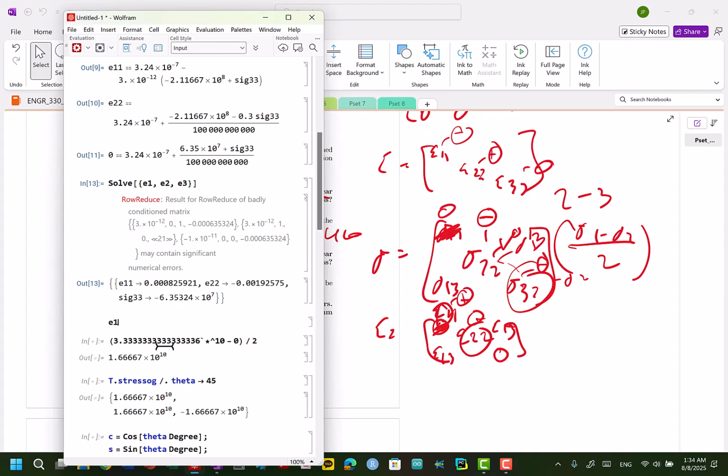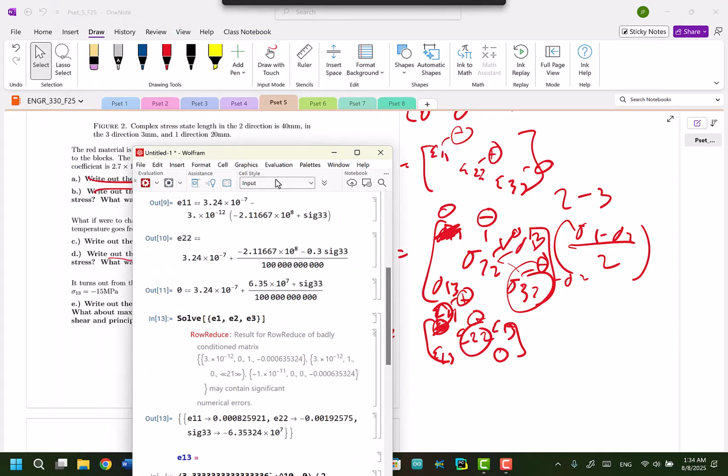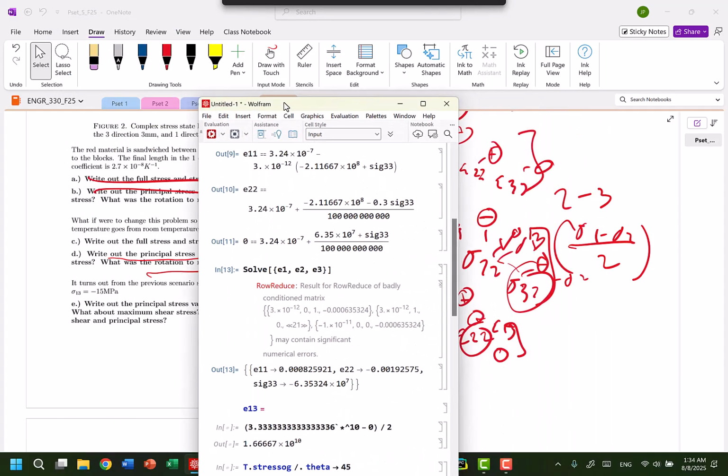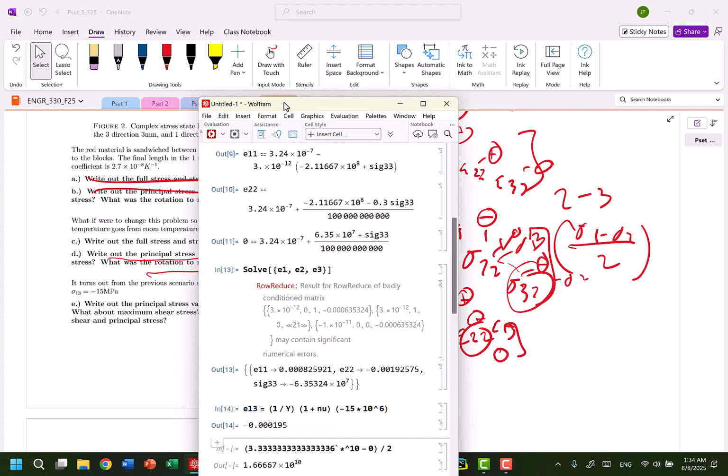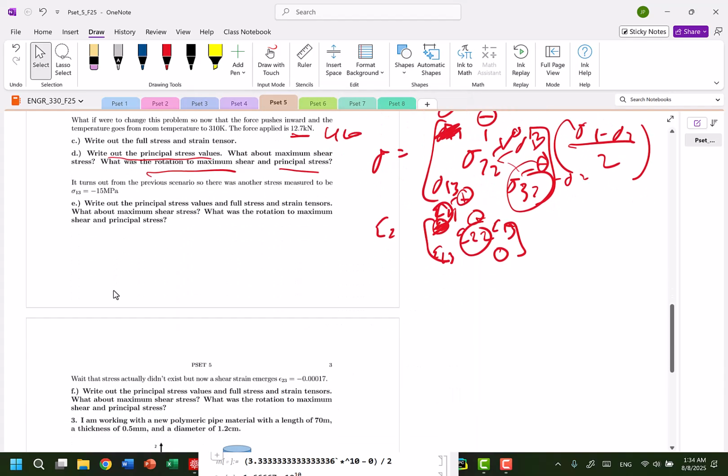So E13, remember, if we have that shear stress, will be equal to 1 divided by Y, and it's just going to be 1 plus mu times sig 1,3, which is just going to be minus 15, 10 to the 6. And there we go. We got it. So that's pretty much that part of the problem there.